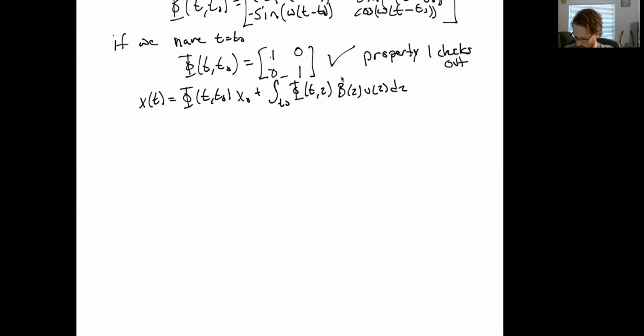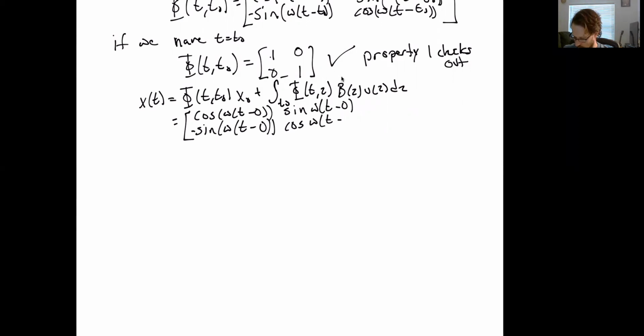So then this is going to be equal to the matrix [cosine omega (t minus 0), sine omega (t minus 0); minus sine omega (t minus 0), cosine omega (t minus 0)]. We're going to say our initial condition starts at 0. And this matrix is multiplied by [1; 0], the initial conditions.